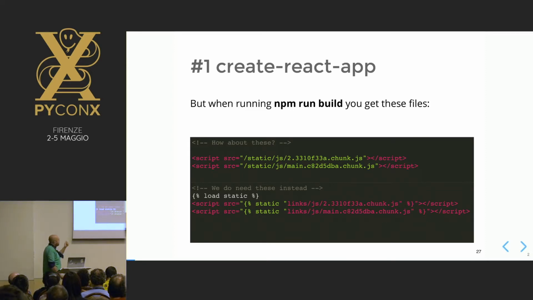Because we do need these inside our Django template, we need the static tag followed by the declaration of the file that we want to include in our template. So out of the box, there is no way to wire up these two things. This is the problem with React and the Django templates.